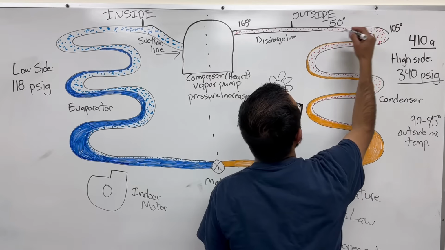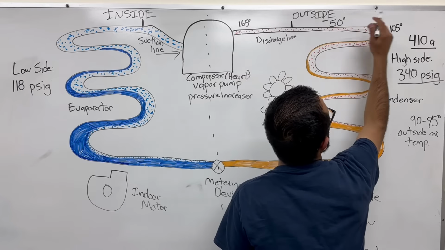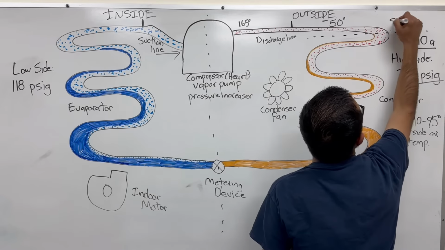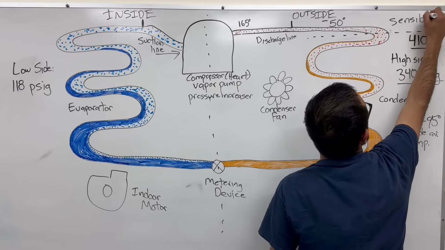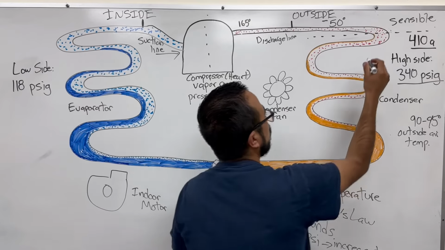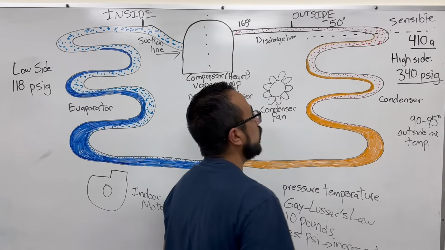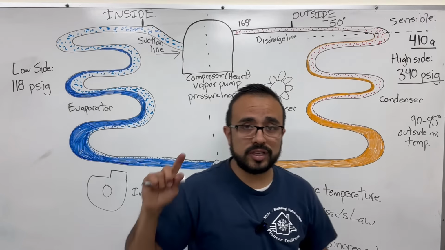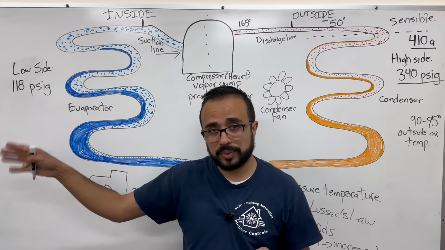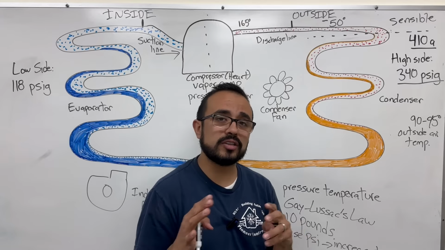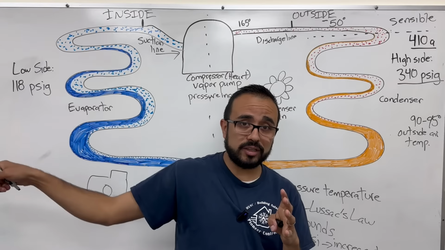So this part right here is sensible. But guess what happens? Once I get the first molecule of liquid right here, now I have liquid and vapor. What did we say about latent heat when we talked about that block of ice melting into water? As long as you had a mix, the temperature stayed the same.